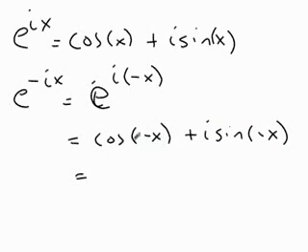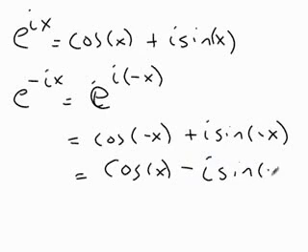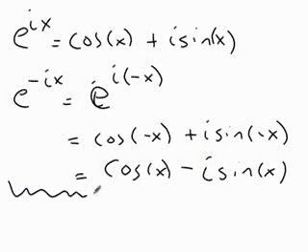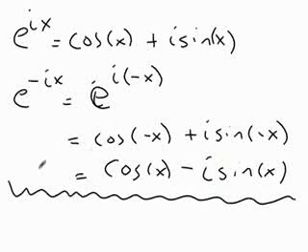Using the even-odd properties, cosine of negative x is just cosine x, sine of negative x is minus sine x. So some interesting things happen when we use these two formulas. Let's write them right underneath each other.